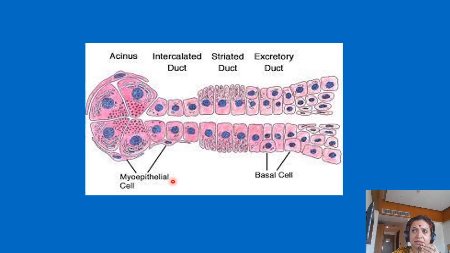So you can't put just one marker to highlight the abluminal cells, which can be either myoepithelial or basal cell. Also, another IHC I would like to stress upon at this point is the SOX10. SOX10 will stain the acinar and the intercalated duct luminal cells, whereas distal to this, SOX10 is negative.